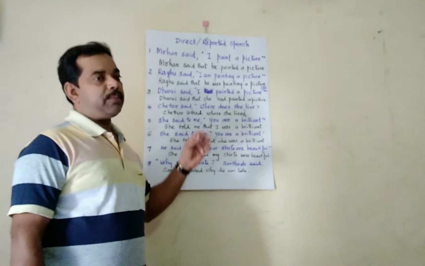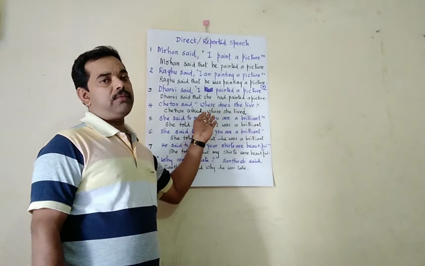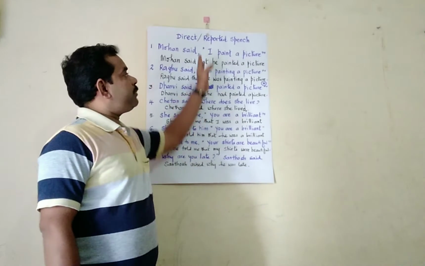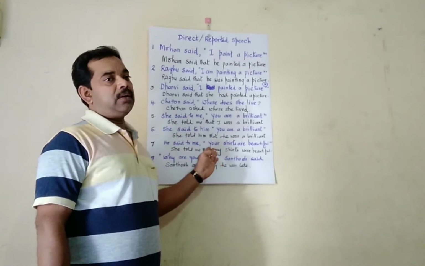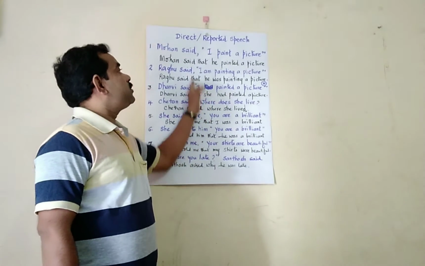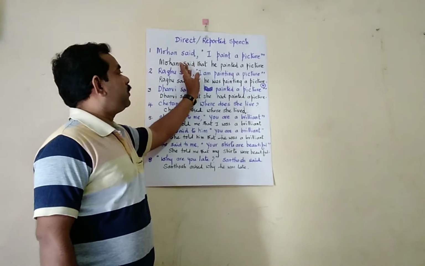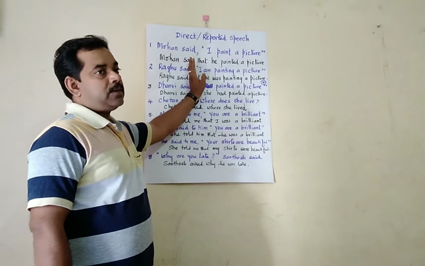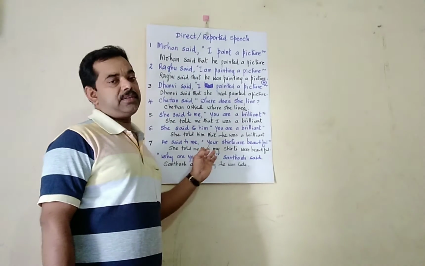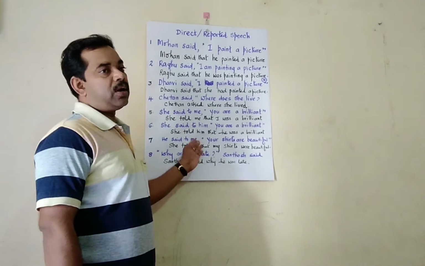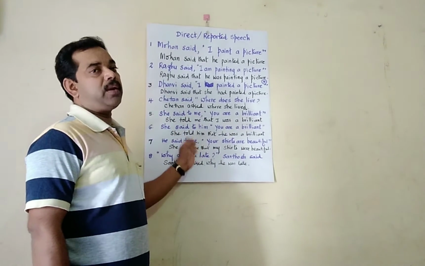Yesterday, I dealt with the steps to be followed while changing from direct to reported speech. Today, I am taking examples with respect to the rules I stated yesterday. Today, I am going with the rules pertaining to tense reference, and how a tense can be changed, taking sample examples in order to acknowledge the rules that have been learned.